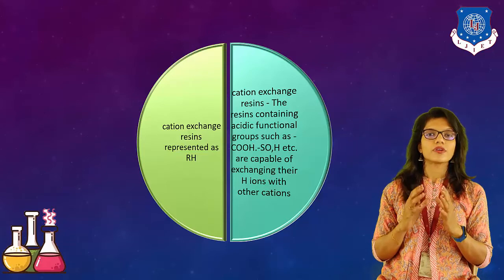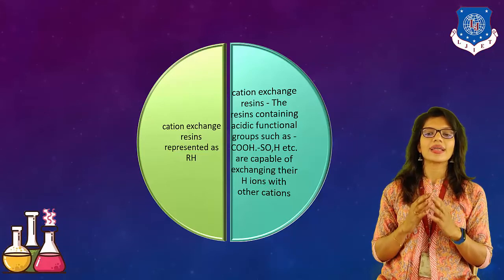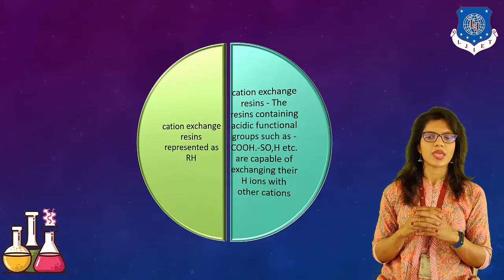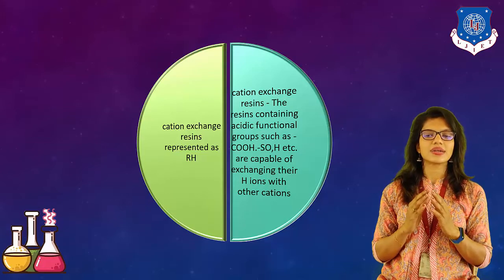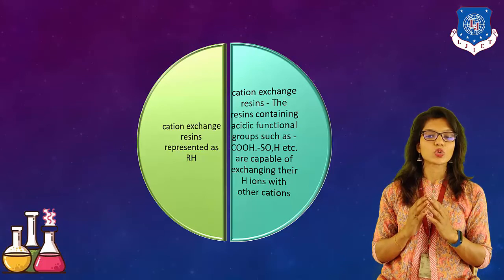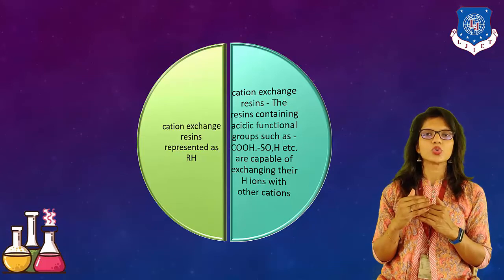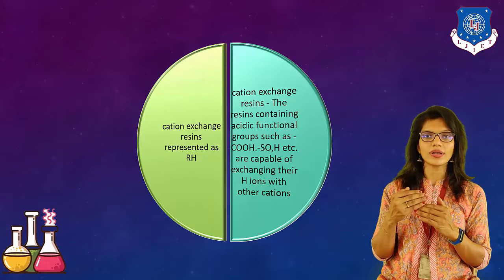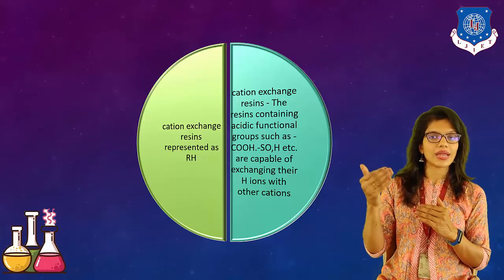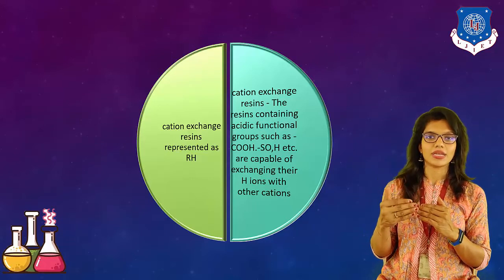First we will take a look at cation exchange resins. The resins containing acidic functional groups such as COOH, SO3H, etc. are capable of exchanging their H ions with other cations. So what they will do is exchange their own H ions with other cations like calcium and magnesium.